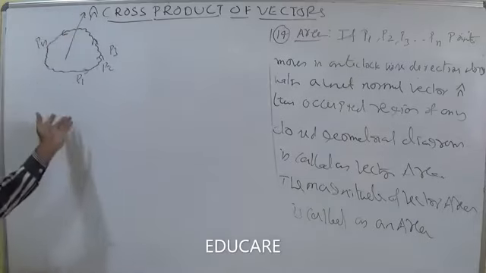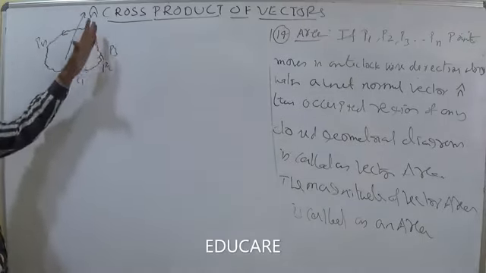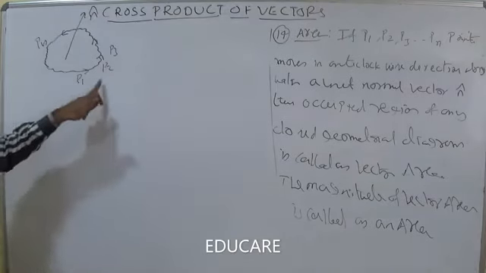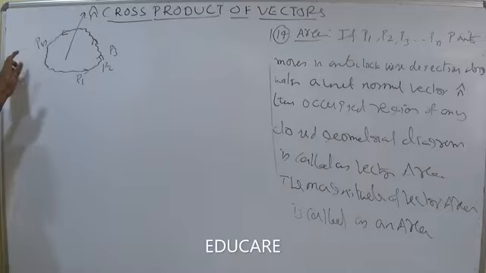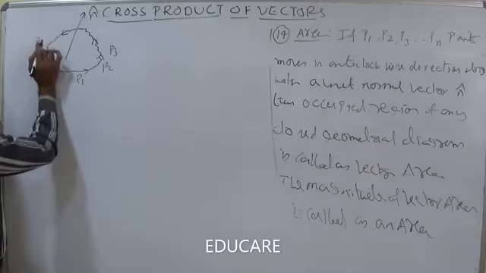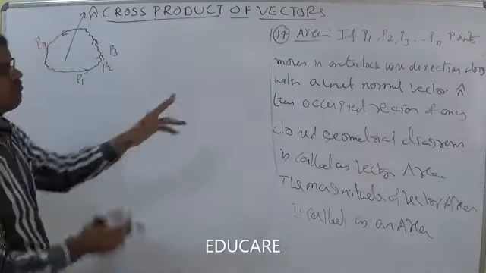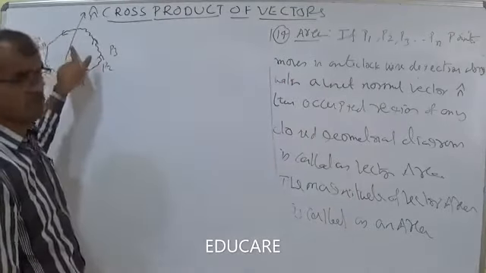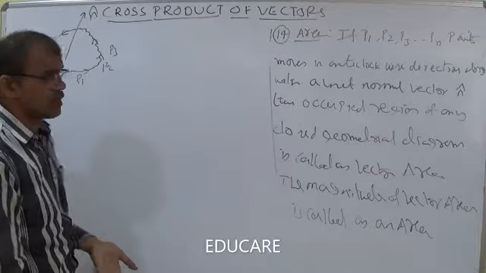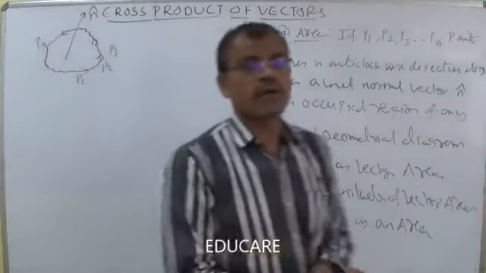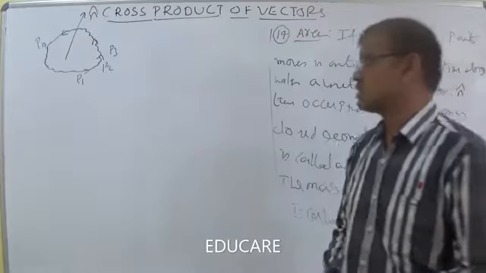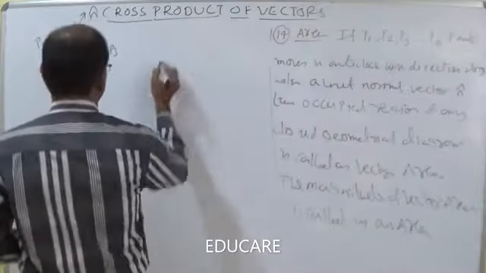So at last the point where it starts, it reaches back, making a closed figure. If the points P1, P2, P3 move in anti-clockwise direction along with the unit normal vector, then the occupied region of the closed geometrical diagram is called vector area.